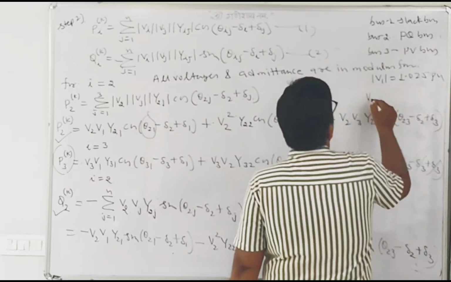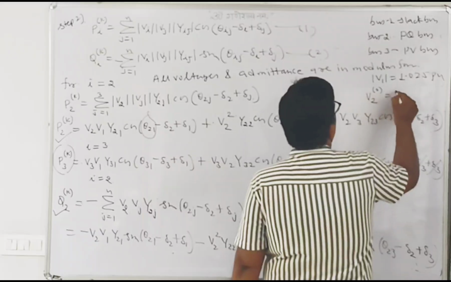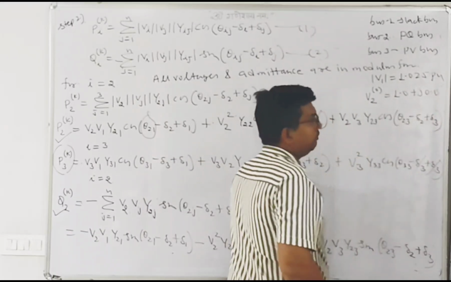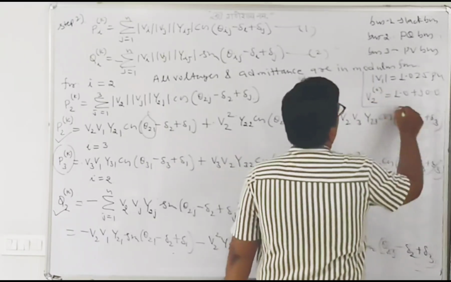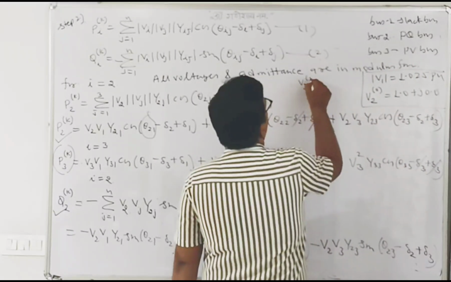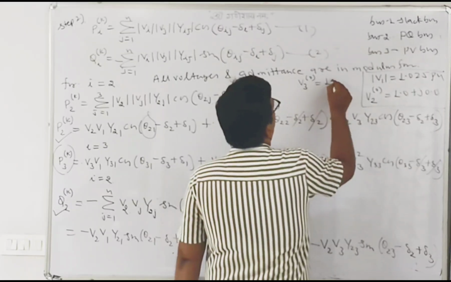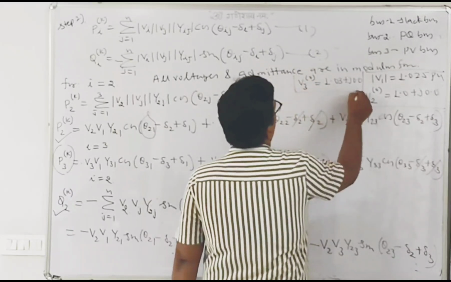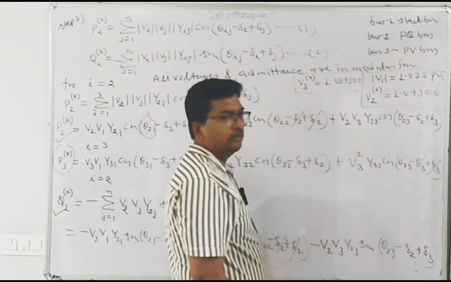What is our V2(0), the initial voltage for the load bus? It will be 1.0 plus j0. We have to take these assumptions. Similarly, what is V3(0)? It is 1.03 plus j0.0. This is for the PV bus.